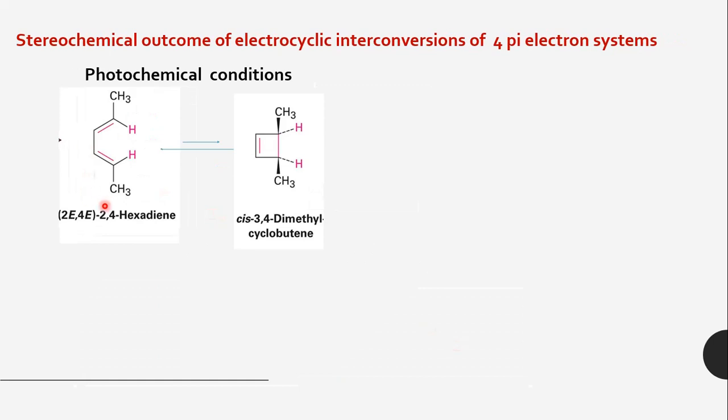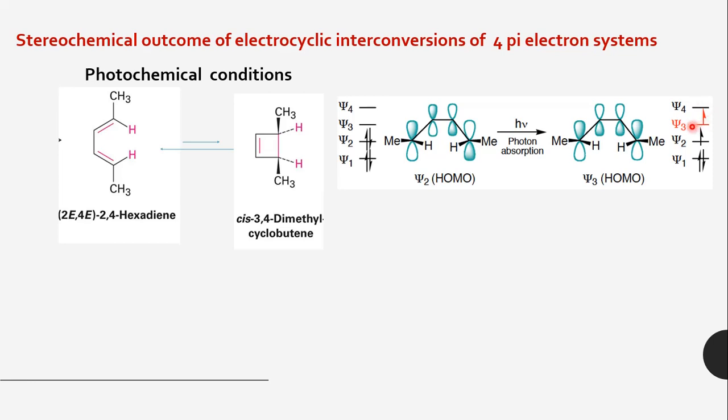However, if you do the same reaction under photochemical conditions, you may recollect that one of the electrons from the ground state HOMO Psi2 is excited to the first excited state. So in this case, Psi3 would become my new HOMO, and the like signs are on the same side.